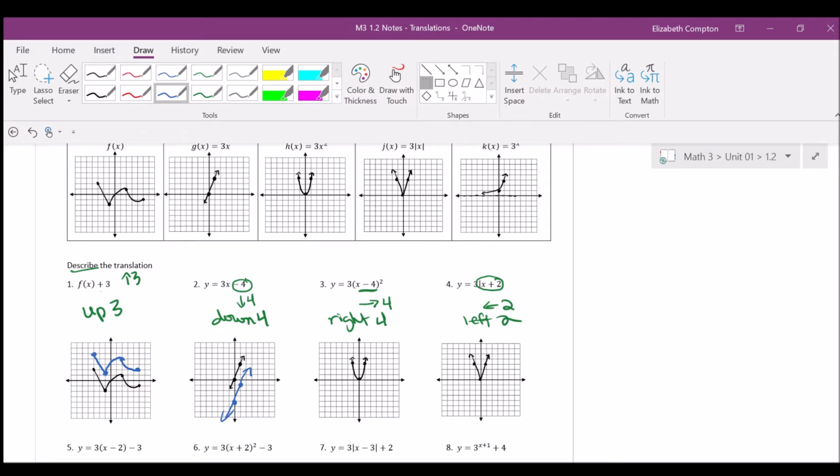On number 3, we're going right 4. And number 4, we're going to go left 2.